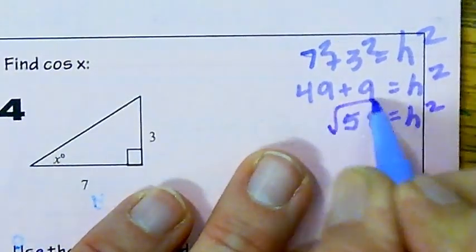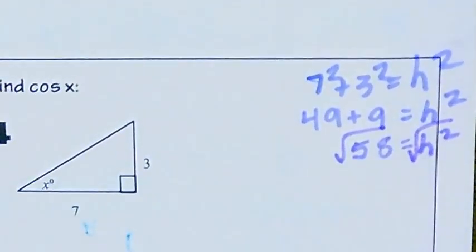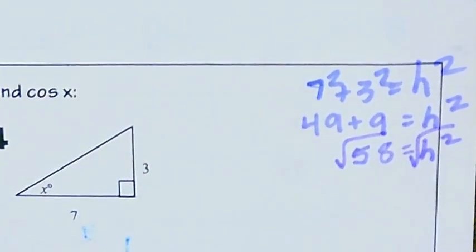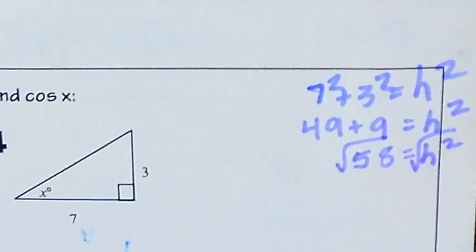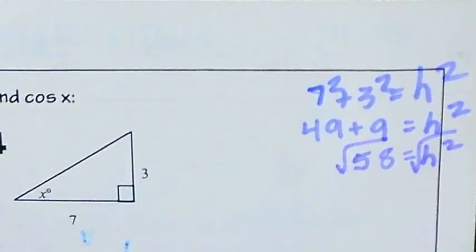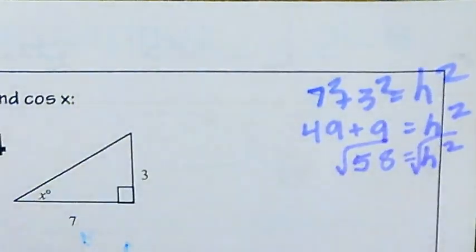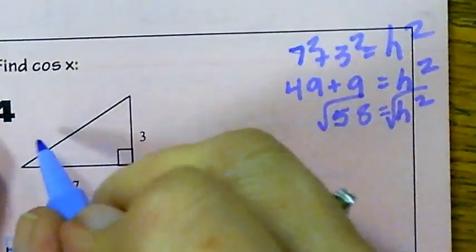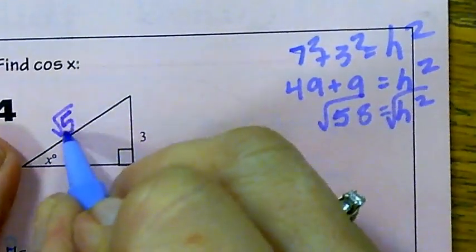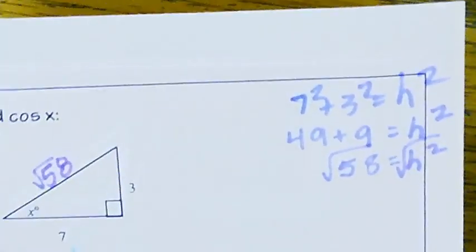Let's try this, 58. We can't simplify that one either. Okay, so that hypotenuse should be the square root of 58.